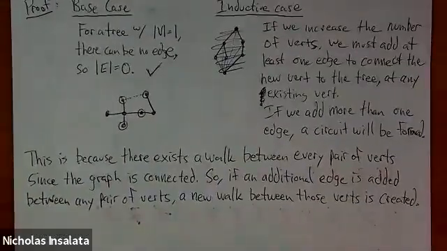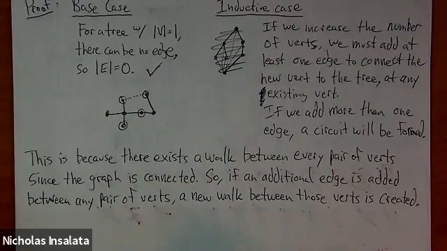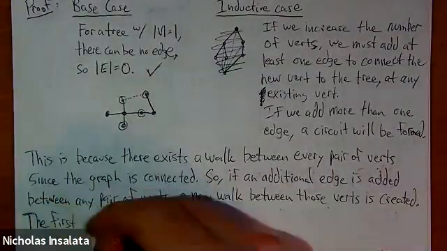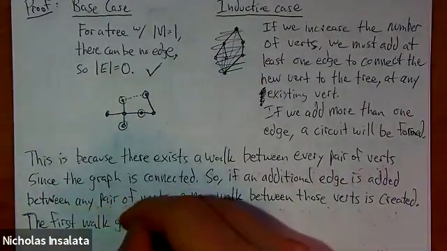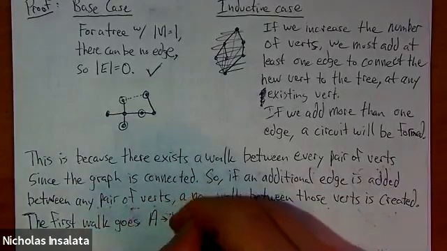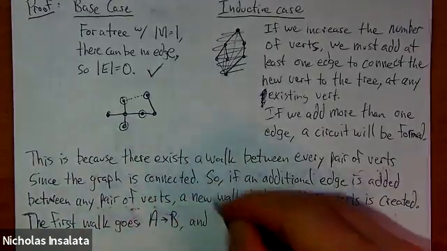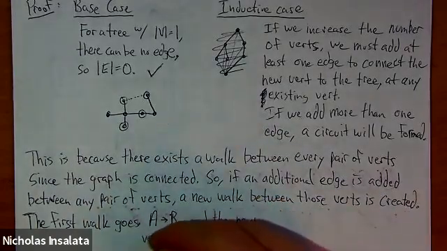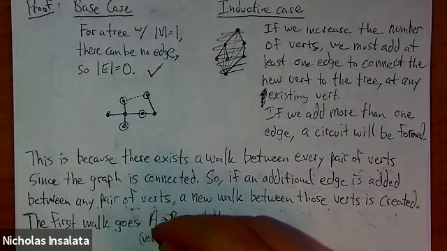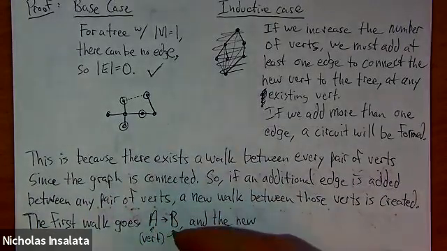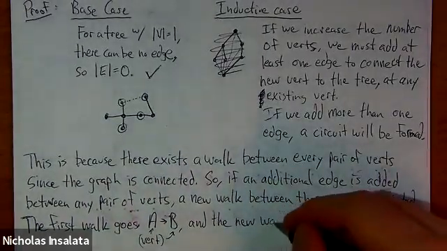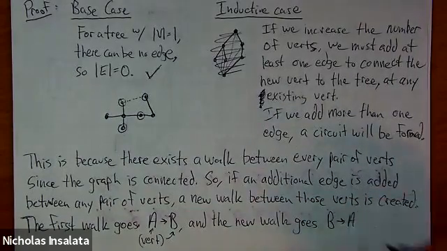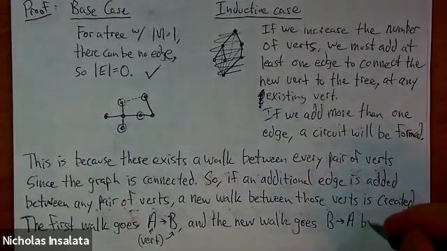So we'll say the first walk goes A to B, vertex A to vertex B. These are both vertices. And the new walk goes B to A through a different path.